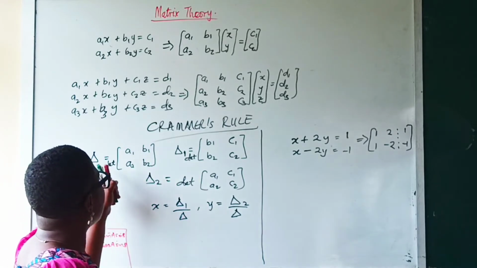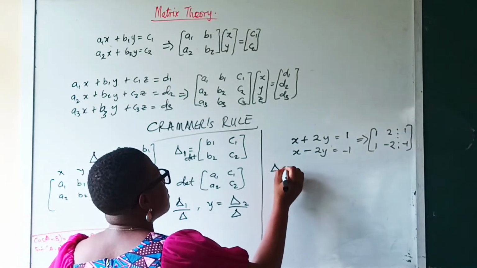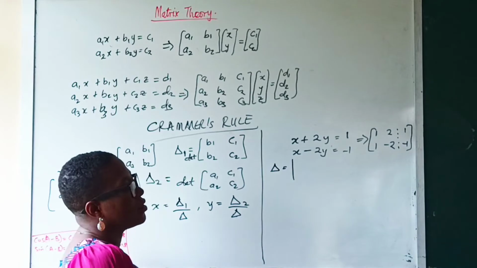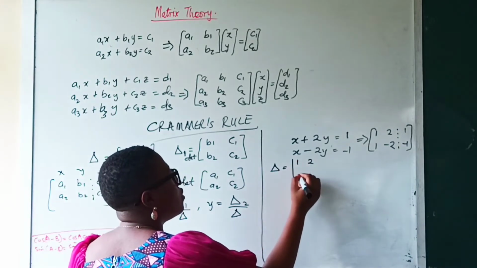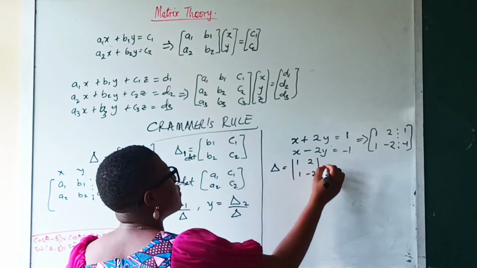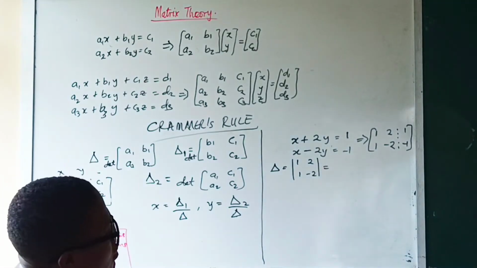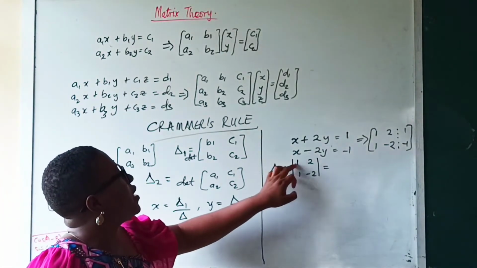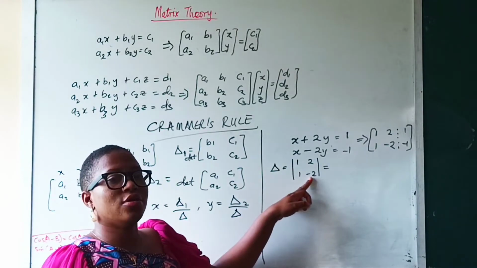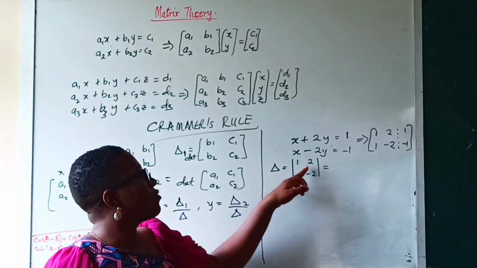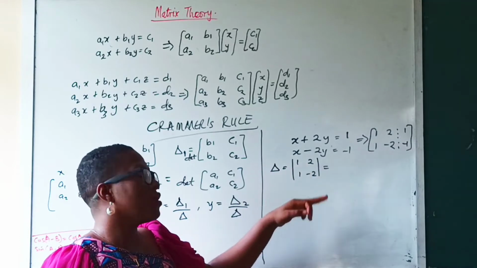So what is delta? Delta is the determinant of 1, 2, 1, minus 2. What will this give you? 1 times minus 2, minus 2 times 1, so that's minus 4.